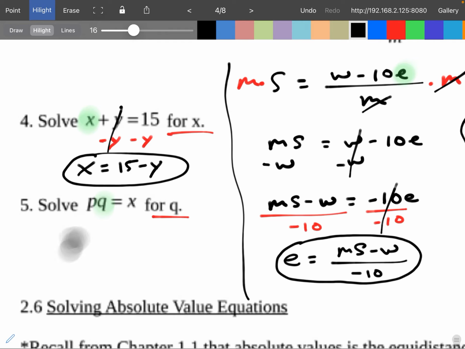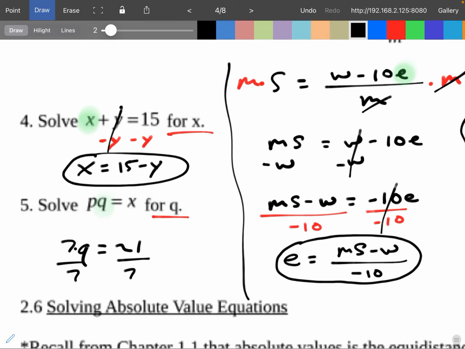That's the same thing as if you had a problem like 7q equals 21.